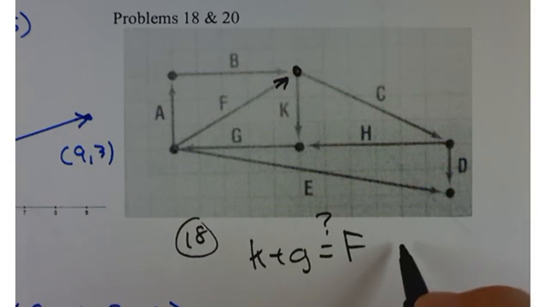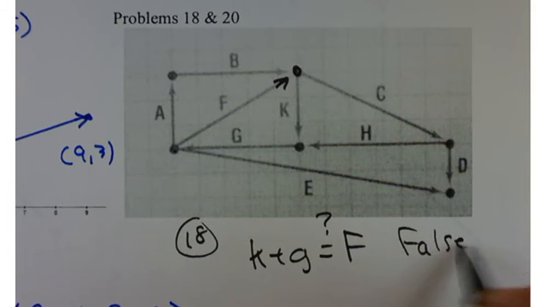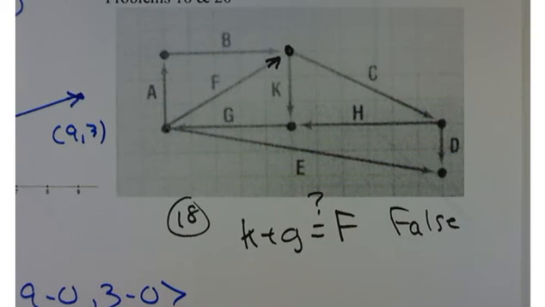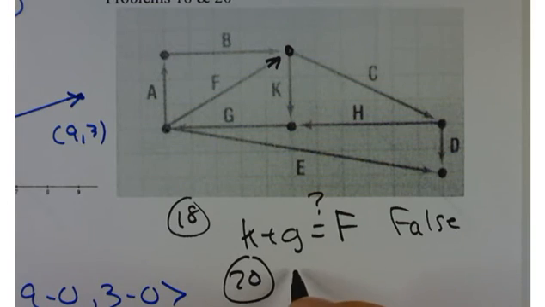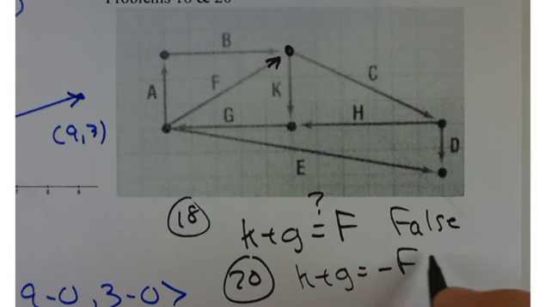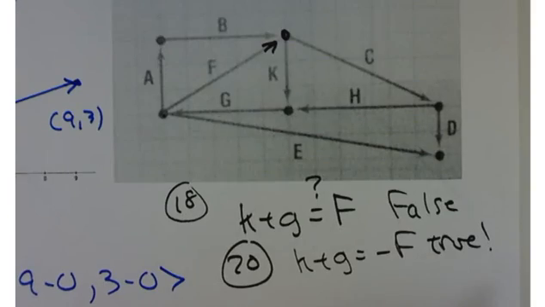So this would be false. So the direction matters. Or another way to make this true would be k plus g equals the opposite of f. That would be true. The opposite of f would start out here and go to here.